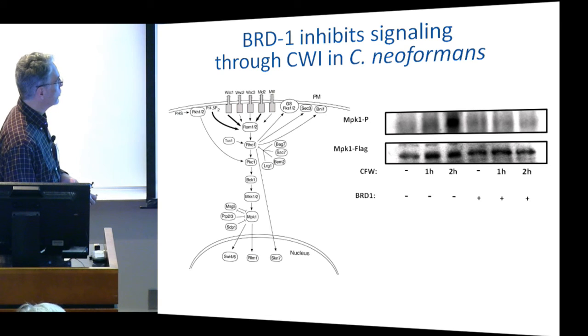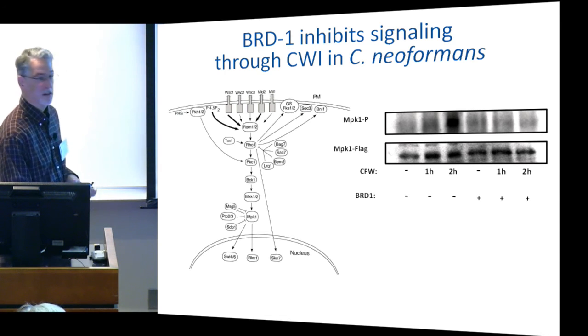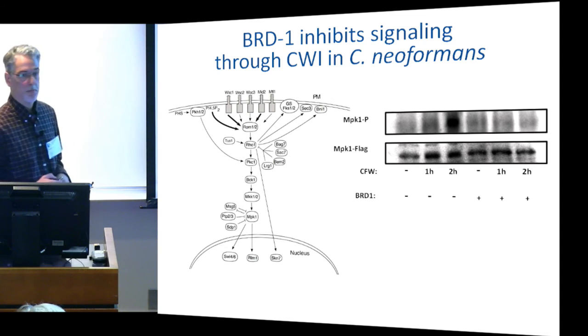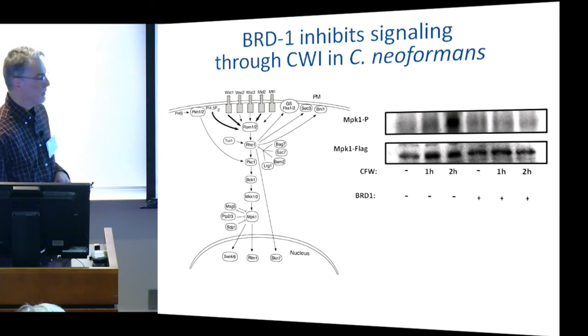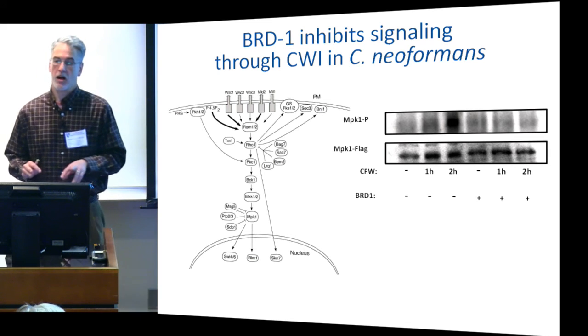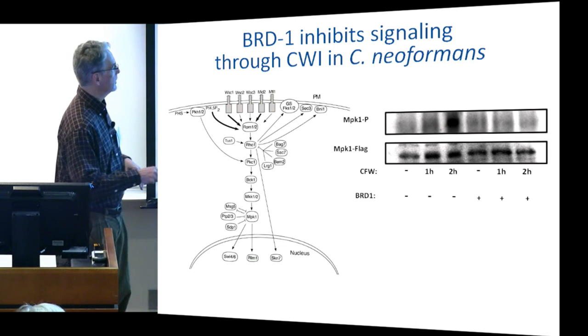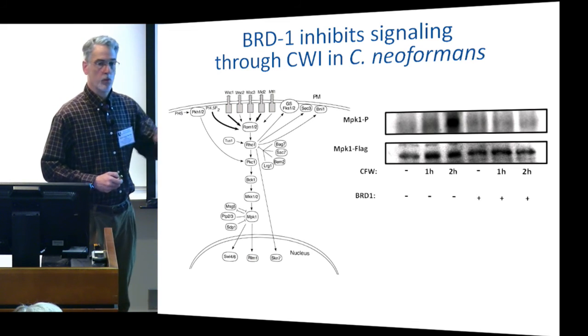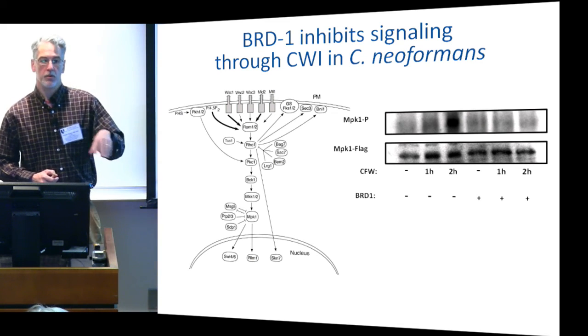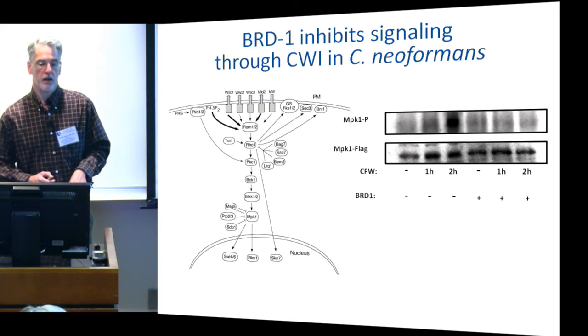We've looked at PKC1. This is the first essential gene in this pathway. It doesn't inhibit PKC1 activity, so we're somewhere up here. When we knock out MPK1, we still have an active compound, which suggests to me that we're hitting something up at the top, which has probably multiple functions, one of which is to interfere with cell wall integrity signaling.